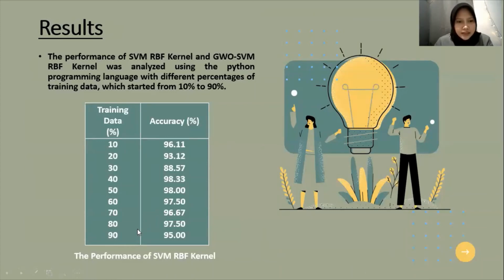And this is the result of SVM RBF kernel without gray wolf optimization. And these are the accuracies from training data from 10% to 90%.